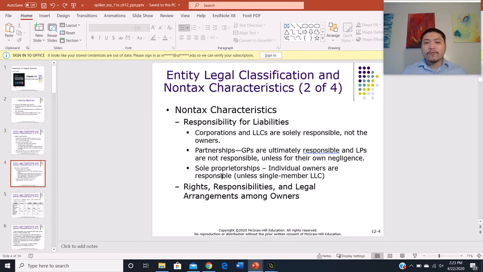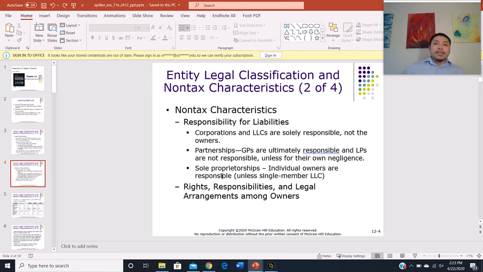But for other types of entities such as sole proprietorship, the owners of the business have to be responsible for whatever liabilities the business has, right? So in the case of a loan from the bank, if the business fails to pay off the loan, then the owner of this sole proprietorship has to pay back the debt to the bank.